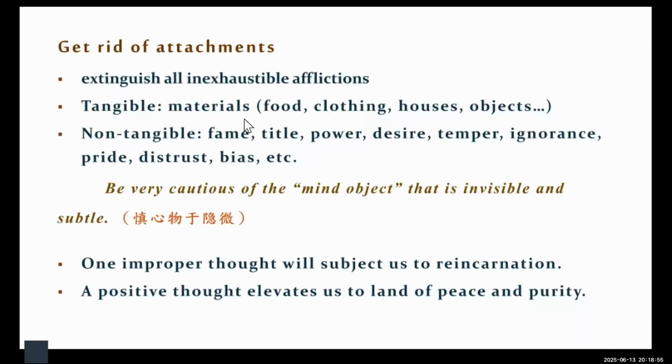But why do we have this affliction? Because we have the attachments. The attachments come in tangible forms such as material things. They also come in non-tangible forms, and these are fame, title, power, desire, temper, ignorance, pride, distrust, and bias, etc. That's why in the Great Learning, it says that we have to be very cautious of the mind object.